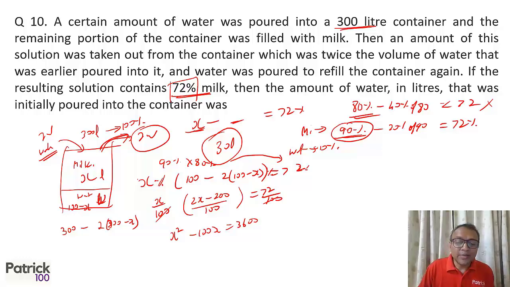So it technically becomes 50. Then you form a quadratic equation and you'll get the roots as 90 and this one. So you know x initially is 90%. If x is 90%, then automatically based on that you'll get the answer.